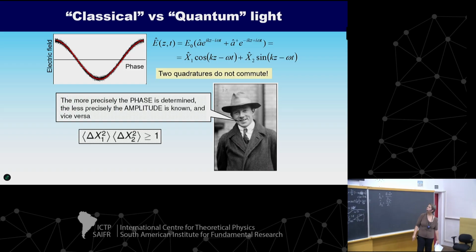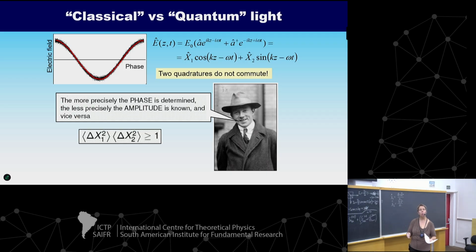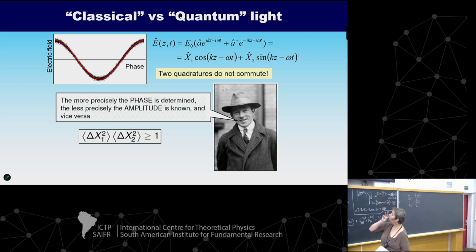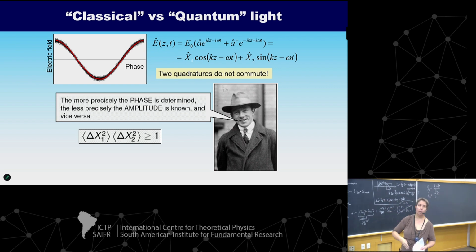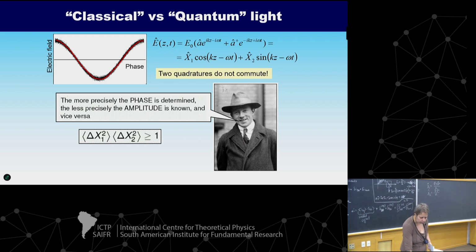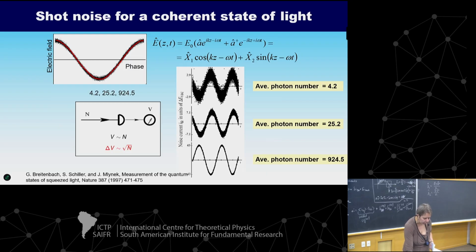So if you're trying to measure the electric field of any optical field, suddenly you cannot get a precise value, because it consists of two non-commuting operators together. If you measure one precisely, the other one will give you no information. And of course, you can look at the Heisenberg uncertainty principle and see that their joint uncertainties should obey the uncertainty principle. Okay?